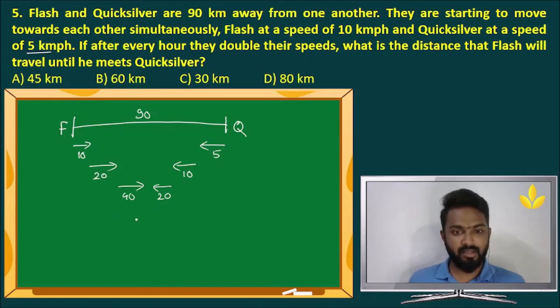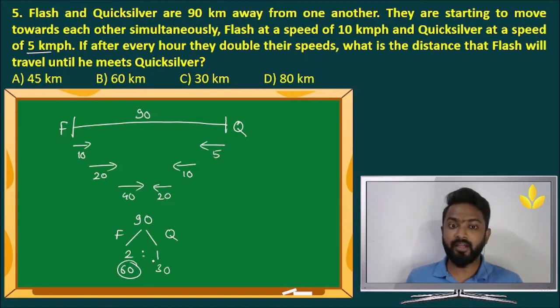So you can say that 90 kilometers is getting distributed amongst Flash and Quicksilver in the ratio of 2:1. So if you divide 90 in 2:1 ratio, you obviously get 60 and 30. So Flash traveled 60 kilometers before meeting Quicksilver. Quicksilver traveled only 30. They have asked about Flash, so the answer is 60. If they had asked about Quicksilver, the answer would have been 30. 2:1 ratio.